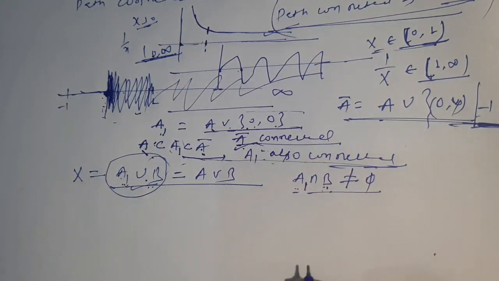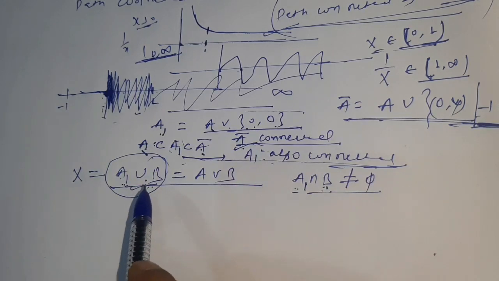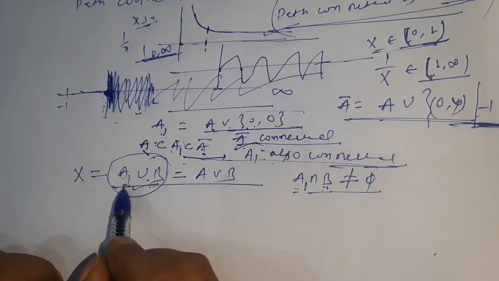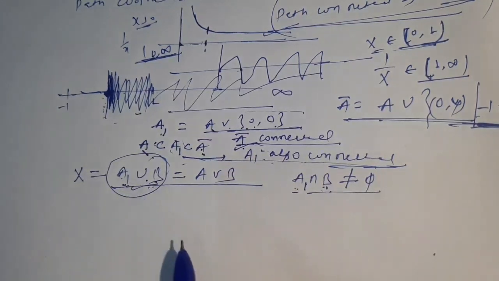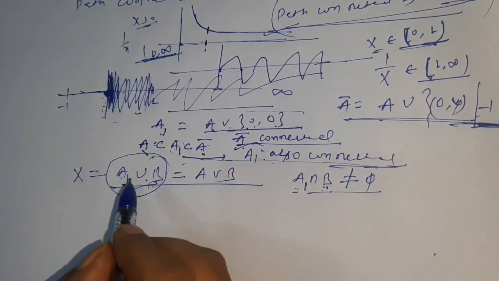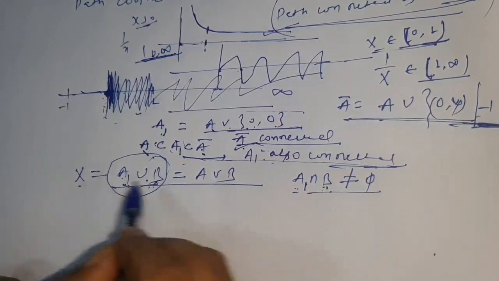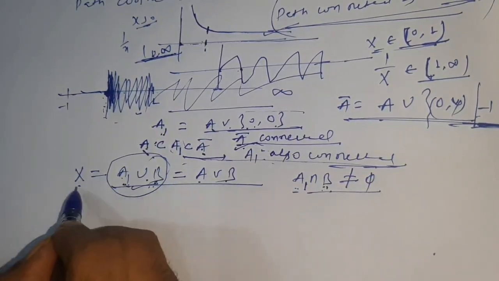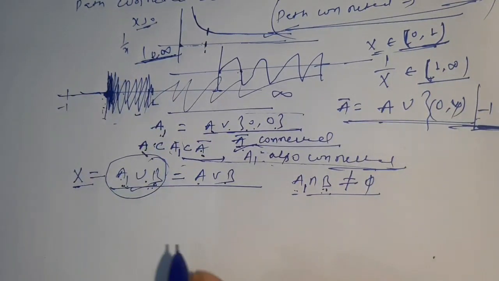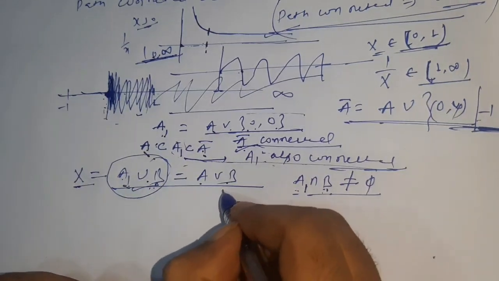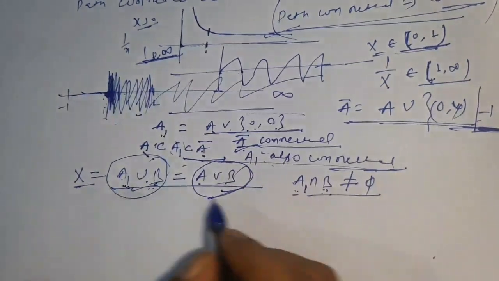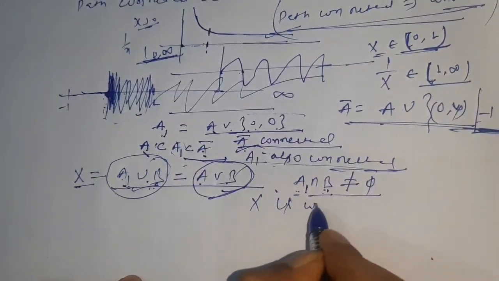Means if you take any pair of connected sets that are not disjoint, that implies the union is also connected. Here the same happens: this set union this set is connected, and this set union this set is equal to X. So we can say A union B is connected, it means X is connected.